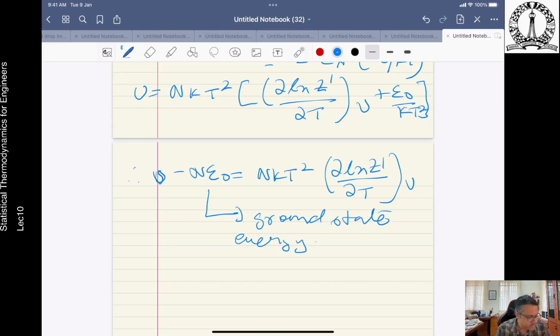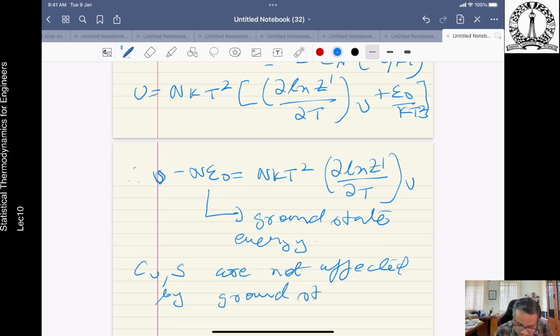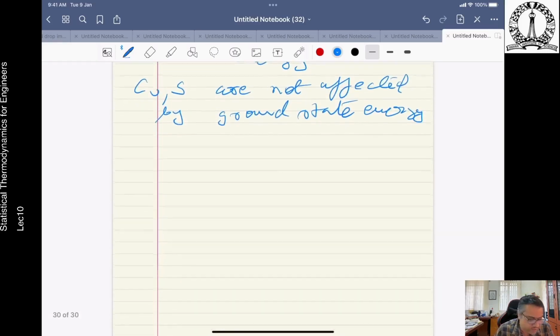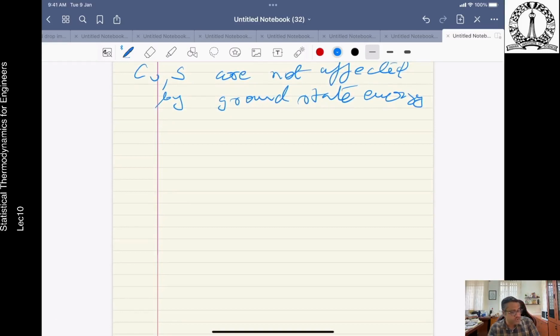So Cv and S are not affected by the ground state energy, right? As you can see, they are not affected by it, but U is.